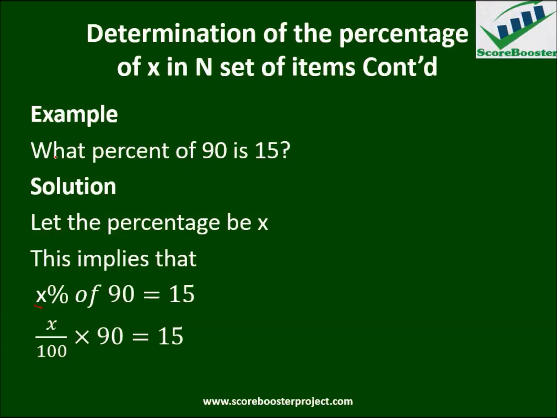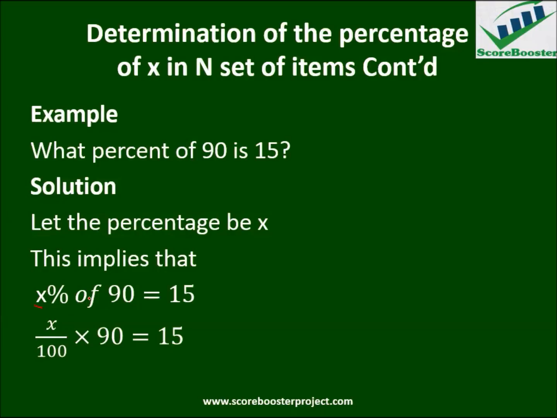What percent of 90 is 15? Since the percent is unknown, let's represent it with x. So let the percentage be x. This implies that x percent of 90 equals 15.